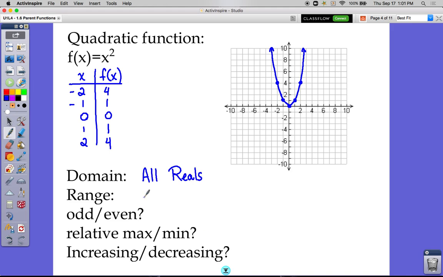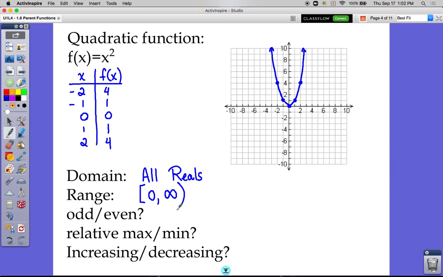So the range is from 0 to infinity. And because I can square 0, it is included. And infinity, I don't mention that as being included anyway. So remember, brackets means it's included, so the range goes from 0 to infinity if we're using interval notation. You can also say y is greater than or equal to 0, but we rather use the interval notation instead.